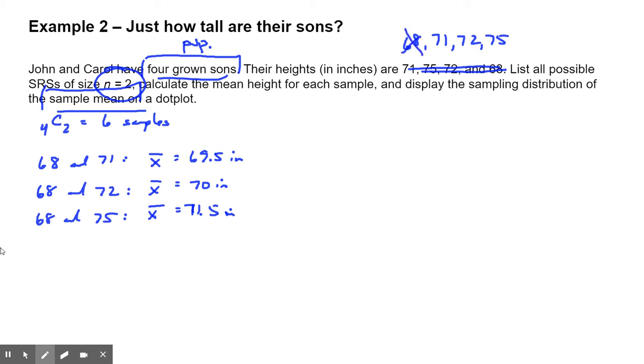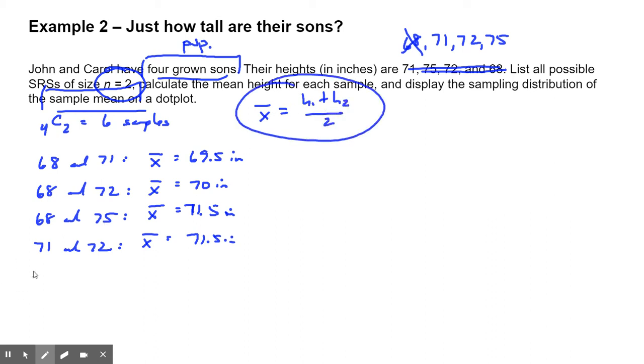68 is done. Okay, now let's do 71 and 72. So that's going to be an X bar of, so 71 plus 72 divided by 2 is 71.5 inches. And again, maybe I should say over here, to find these X bars, I'm just taking your height 1, adding it to your height 2, and dividing by 2, right? Okay.